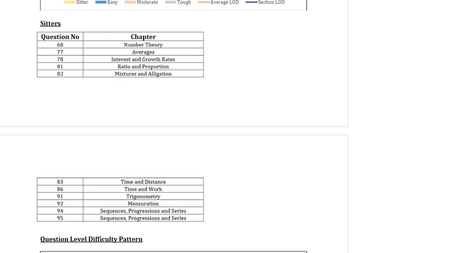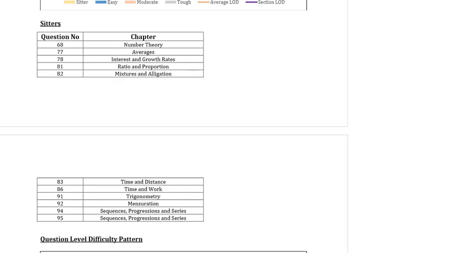So as we were saying, this list of sitters is not exhaustive. For each mock, you need to make your own list of sitters, check it with your faculty, and then compare this list with your own list and see whether you attempted the right questions. If yes, did you get the right answer or not? If you did not get the right answer, where were you making the mistakes?